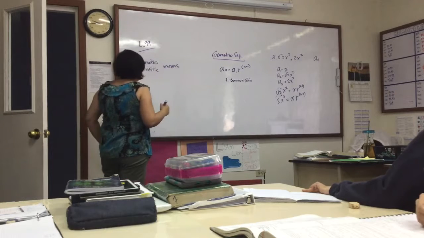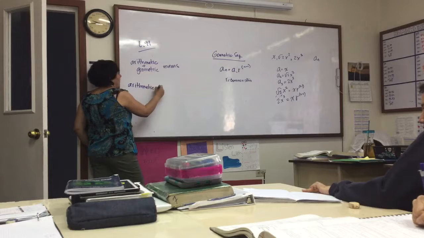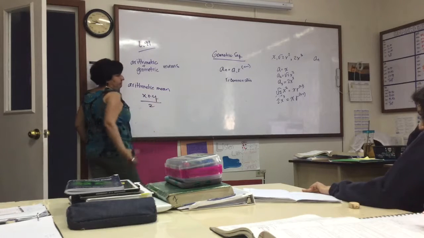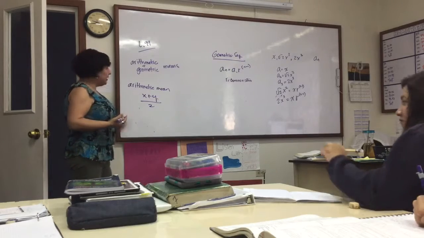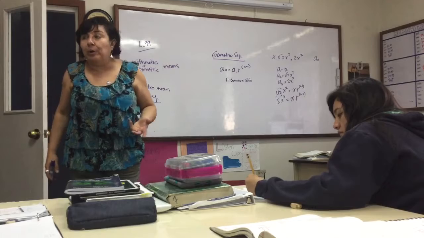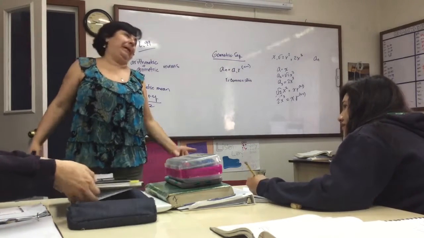Okay. So for arithmetic means, it's just x plus y divided by 2, which you know, right? You have two variables, you divide by 2. Let's say that there were 3 variables, x, y, and z, divided by what do you think? 3.